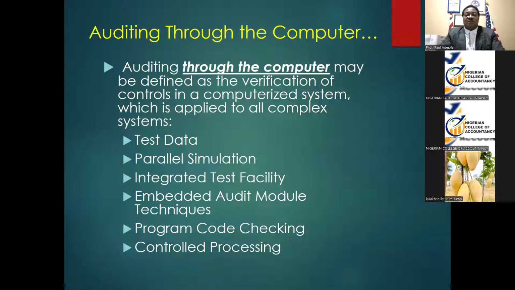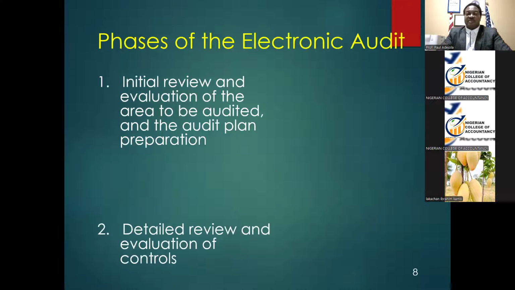Then auditing through the computer. Auditing through the computer may be defined as the verification of controls in a computerized system, which is applied to all complex systems: test data, parallel simulation, integrated test facility, embedded audit module techniques, program code checking, control processing.